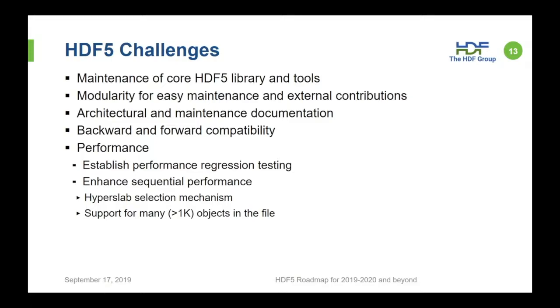Backward and forward compatibility is very important to many of our users, and this presents another challenge. We always tell our users that HDF5, whatever version you take, will always read files created 20 years ago. And if you take your application, you will always be able to compile and build it with a new library. So it is both backward and forward compatibility.